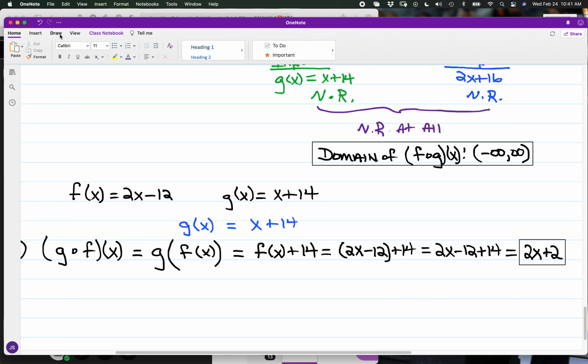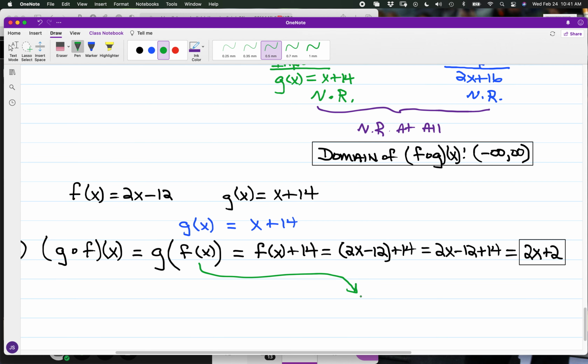And for what we have in the case of the domain, okay, so again, just looking at the input function, that was f of x equal to 2x minus 12. Since I have a direct expression, no fraction, no even root radical, we have no restriction. And for the output, we have 2x plus 2, so you have a direct linear expression.